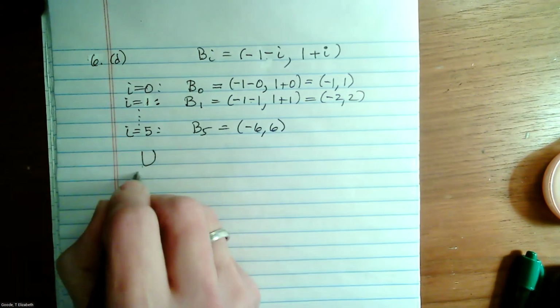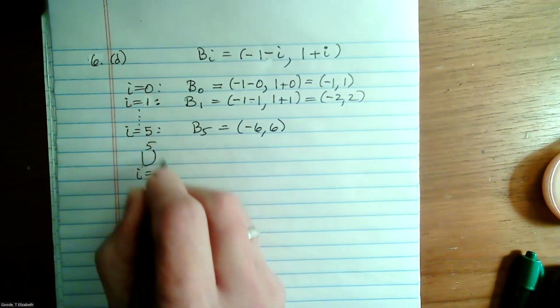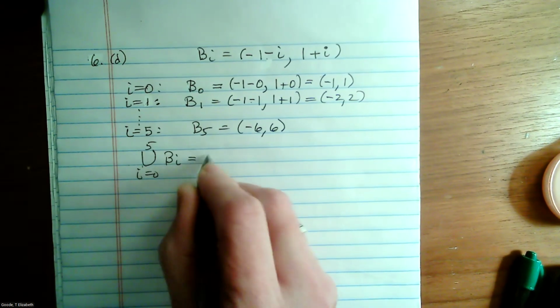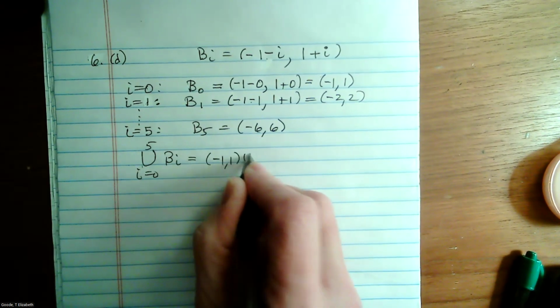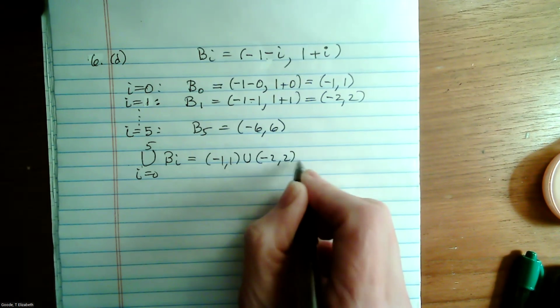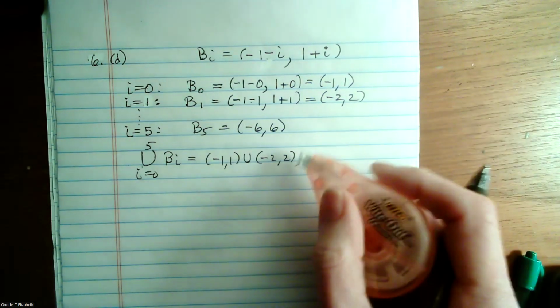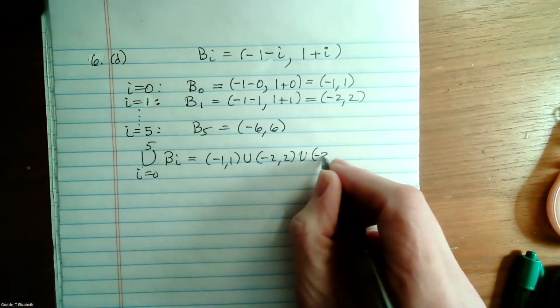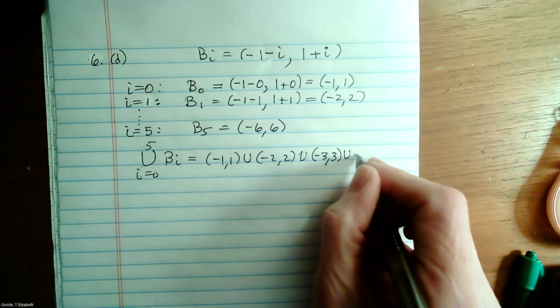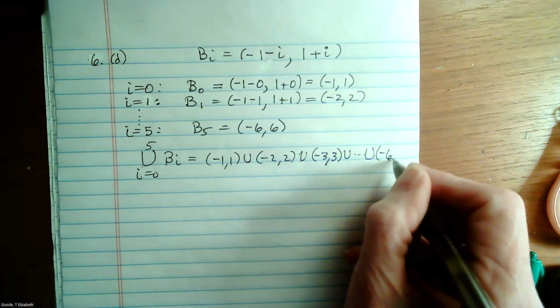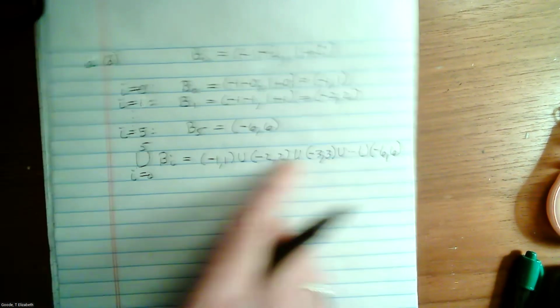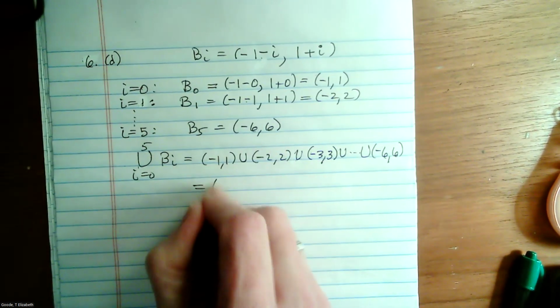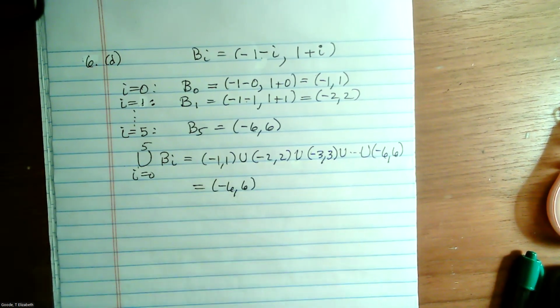So when we take the union from i equals 0 to 5 of the B sub i, it's (-1, 1) union... well, these are nested. Obviously, you know that. I'm assuming you did a little picture of these. And the last one is -6 to 6. It includes all the other ones as subsets, so it's just from -6 to 6.